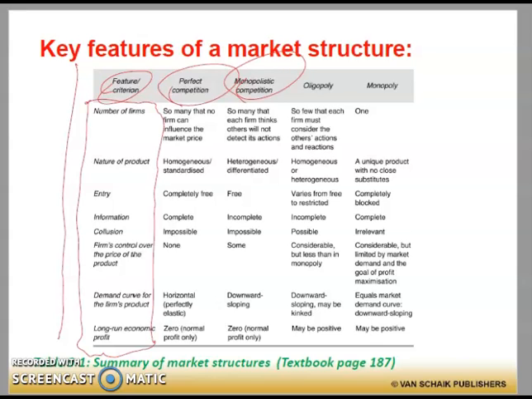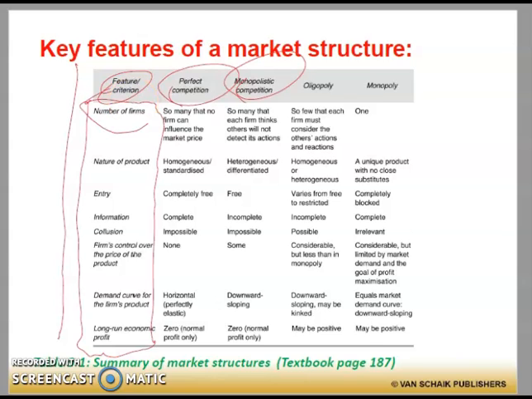Perfect competition is discussed in this chapter and serves as a benchmark against which the other market structures, which are discussed in chapter 10, can be compared. We now discuss each of the criteria briefly. One thing to note is that this is only a preliminary overview. We'll discuss perfect competition in more detail later.